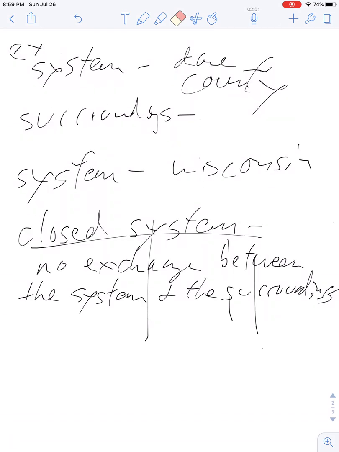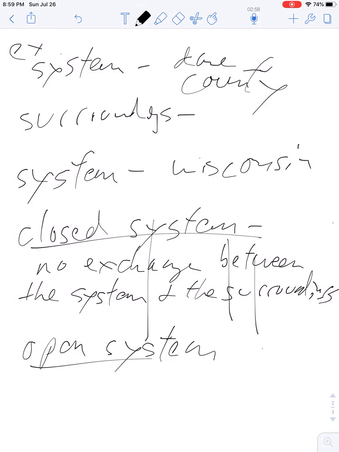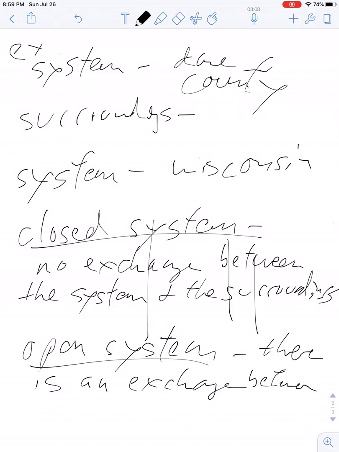Whereas an open system means that there is an exchange between system and surroundings.